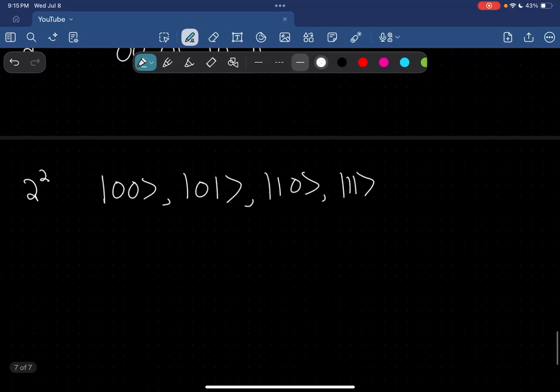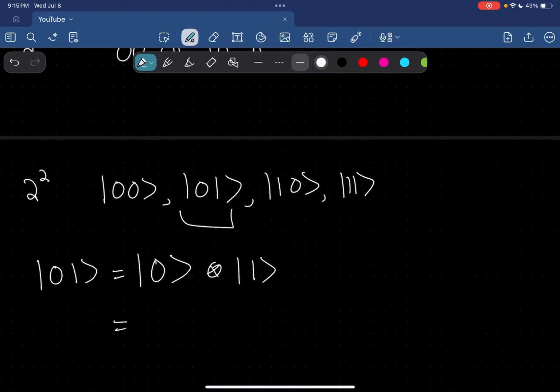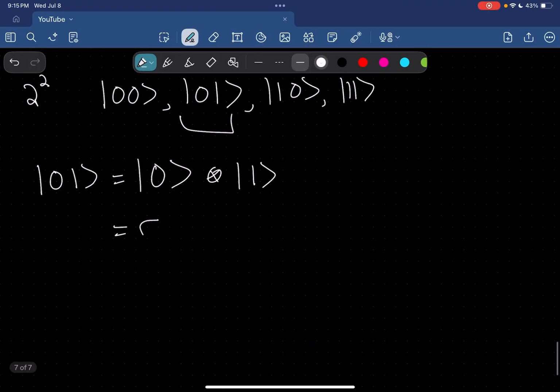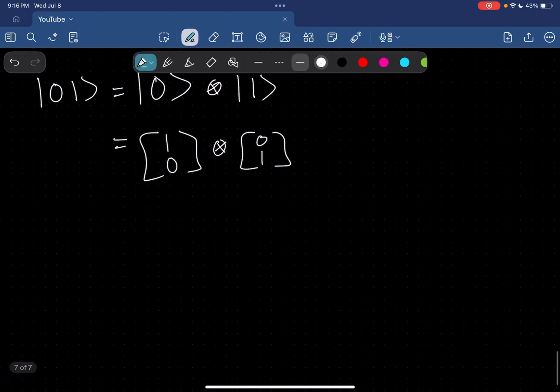So, for example, ket 01. What actually is this? Well, this is just the tensor product of ket 0 and ket 1. Ket 0 is just this two-dimensional vector, and ket 1 is this two-dimensional vector.